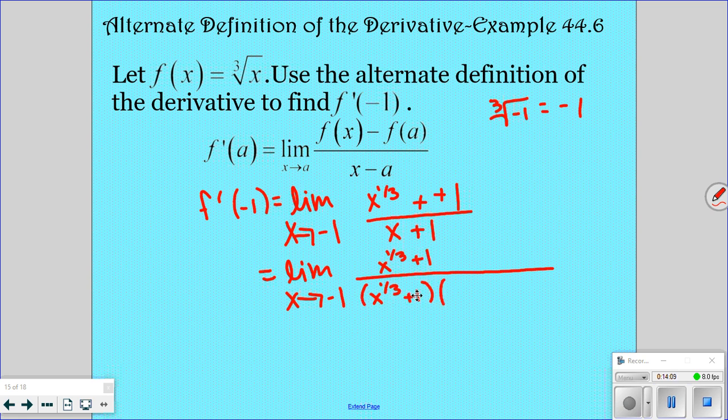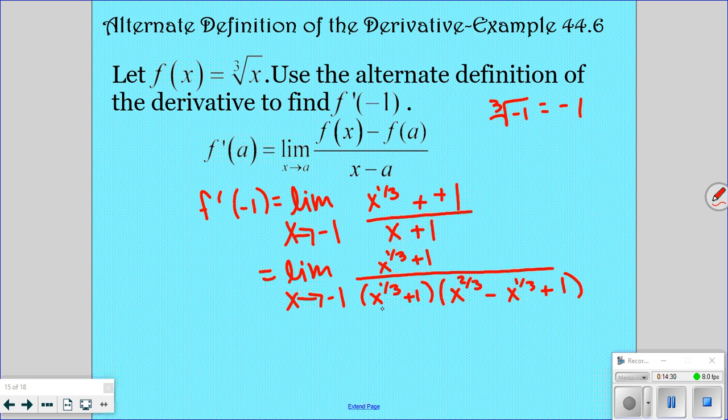So that's our a and that's our b. So a squared would be x to the 2/3, and then minus 1 times x to the 1/3, and then plus 1 squared. So you can use your sum of cubes, and it is a little bit of a trick, but now that you've seen it, hopefully next time you need to use it, you will recognize when you need to use it.